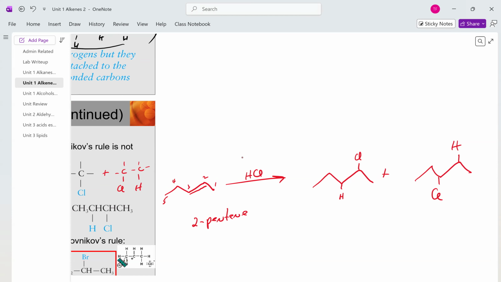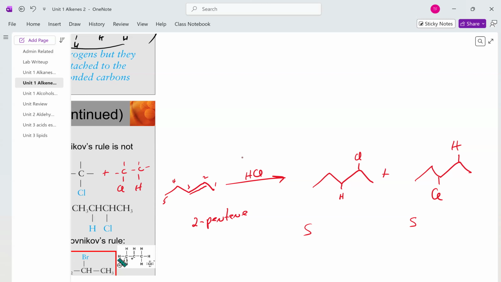Okay, so which is more stable? So look at symmetry. The first one. The 2-chloropentane. Okay, so let's look at symmetry. Which one is more symmetrical? Look at the location of the chlorine.